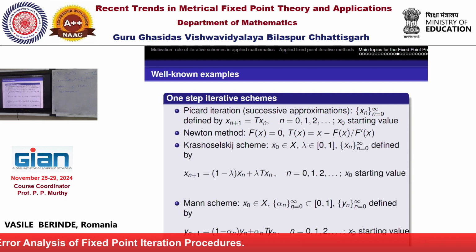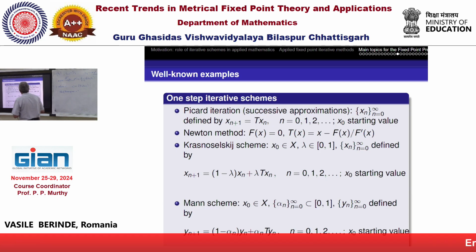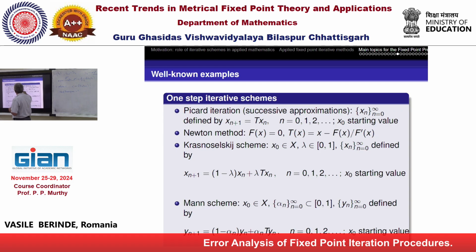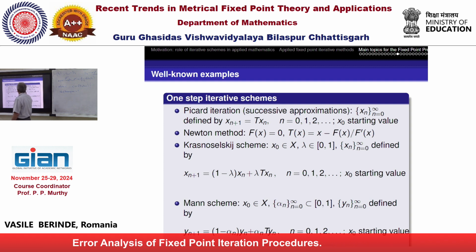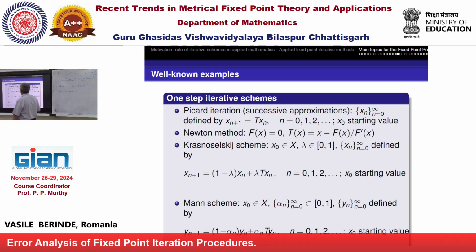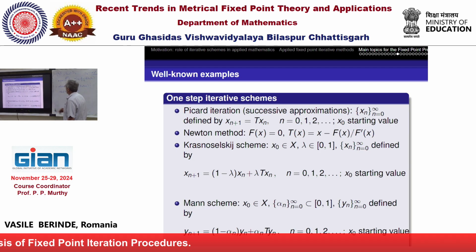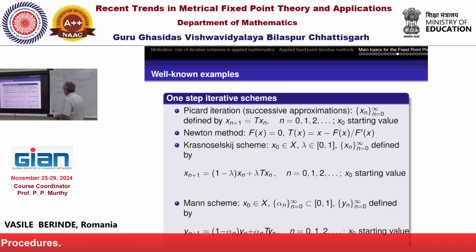In the category of one-step iterative schemes are all the methods we have seen. I include here the Newton method, which consists of the Picard iteration when T, which is called the iteration function for Newton method, has this expression I mentioned before. Krasnoselskii, Mann, Ishikawa, and so on.